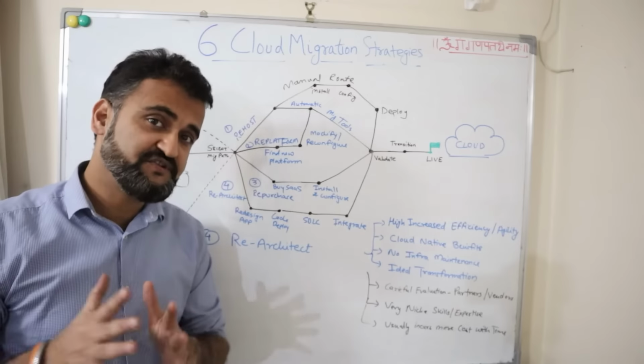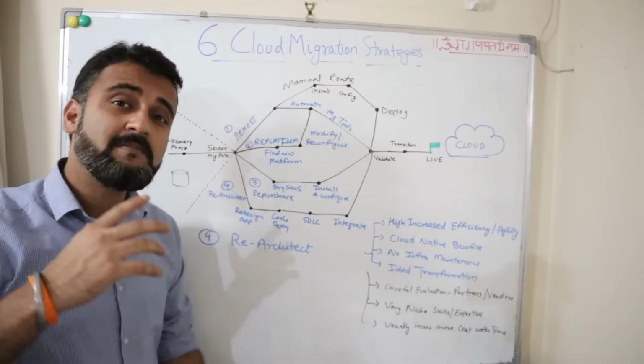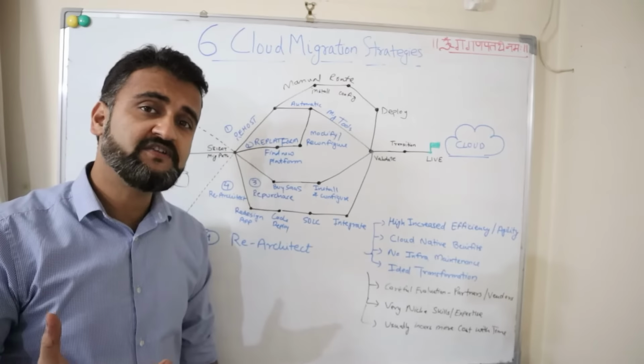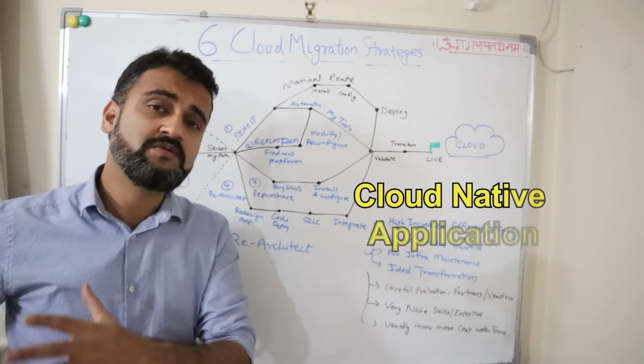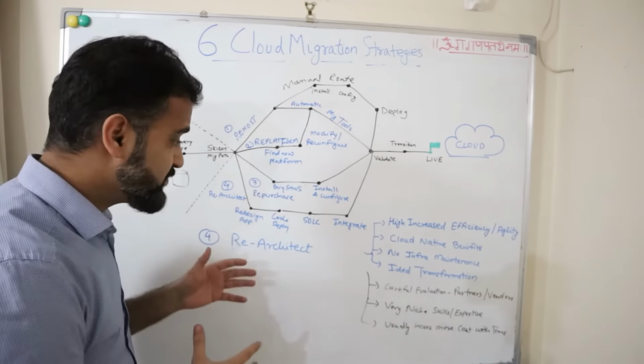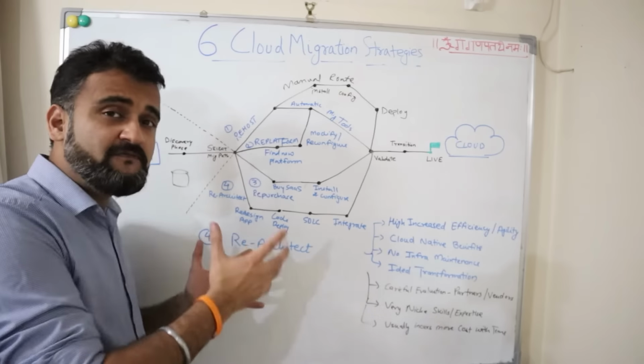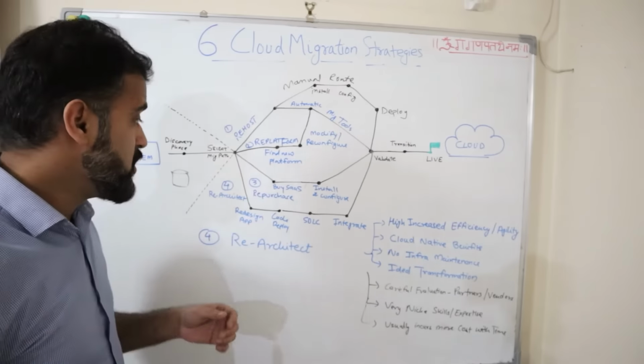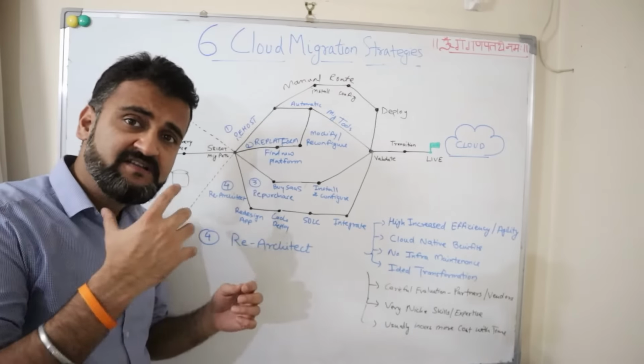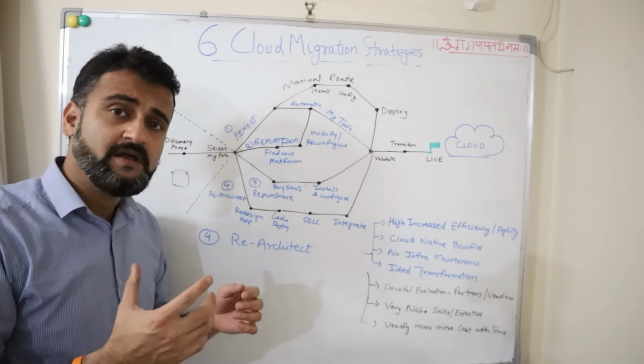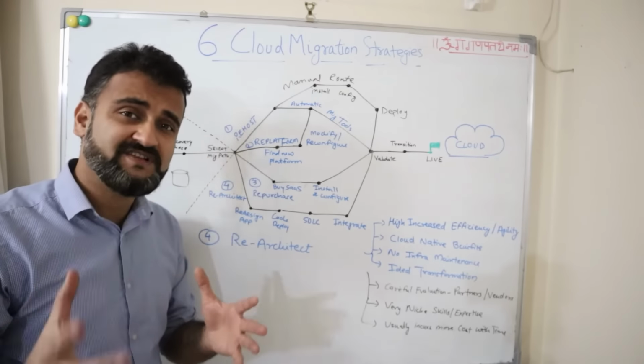The fourth strategy is by far the most advanced migration strategy, because here you are completely redesigning your application and making it a cloud native application. In this approach, you will take a legacy monolith application, redesign its solution architecture and convert it into a microservices application.